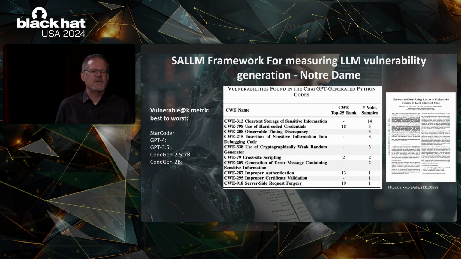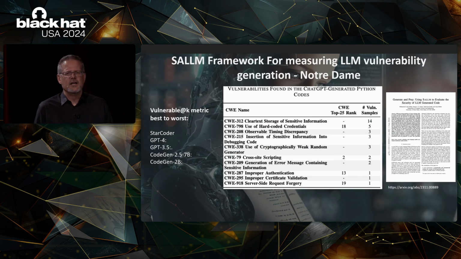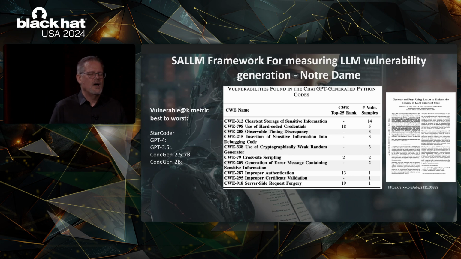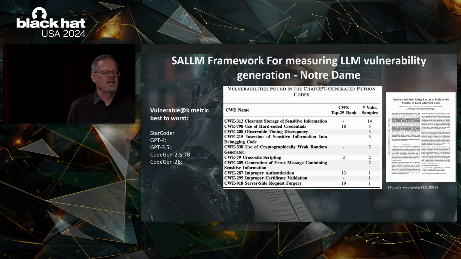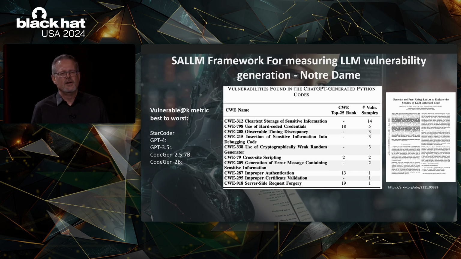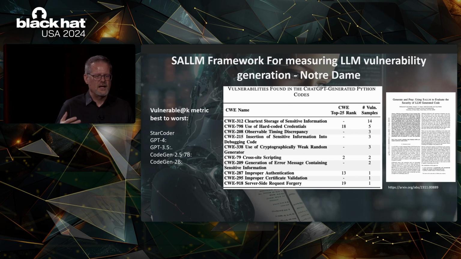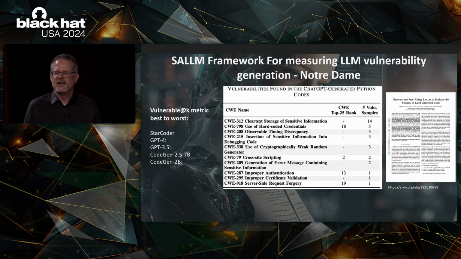Now, Notre Dame came out with a study just a couple months ago where they said, let's build a framework, which is basically security analysis of LLMs, or SALM. They want to measure how different LLMs compare with each other when given programming tasks. So I think this is great. And now we have sort of a metric that can be used.